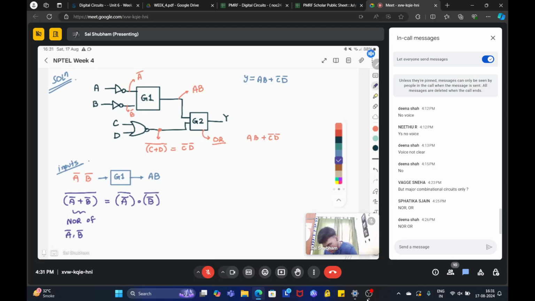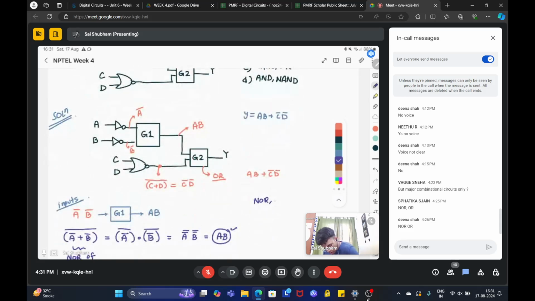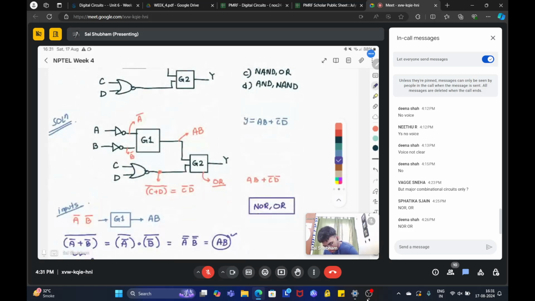This is from De Morgan's law, which will be AB. Fine. So the answer is NOR and NOR and OR. Okay. So this is the answer. Option A. Okay. Moving on to the next question.